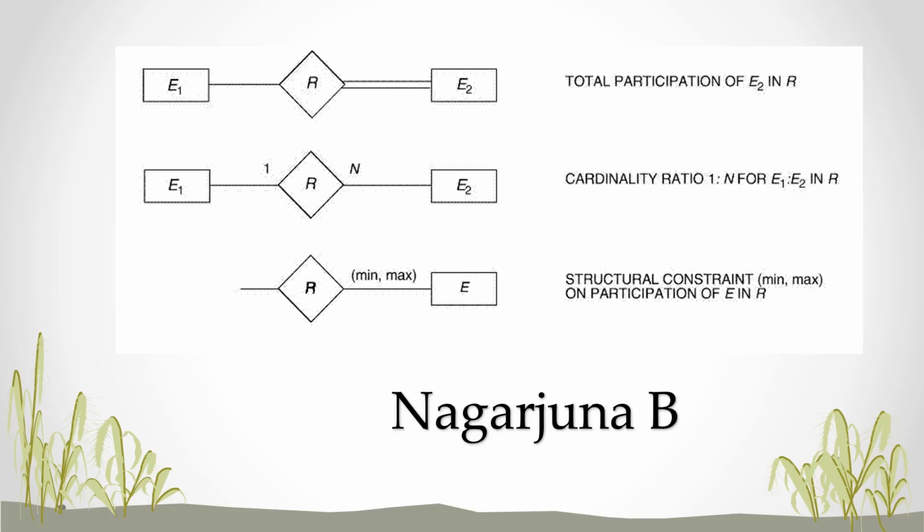In an examination, they will ask you to write the ER diagram notations for 10 marks. That means you need to write all these ER diagram notations with the meaning. Explanation is not needed, you just need to write the diagrams along with the meaning.